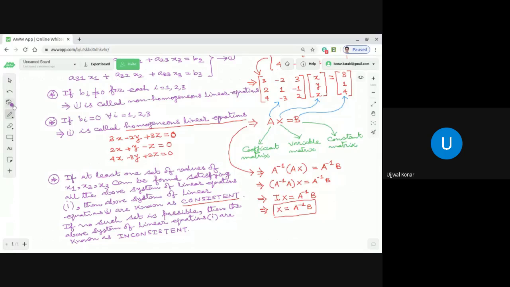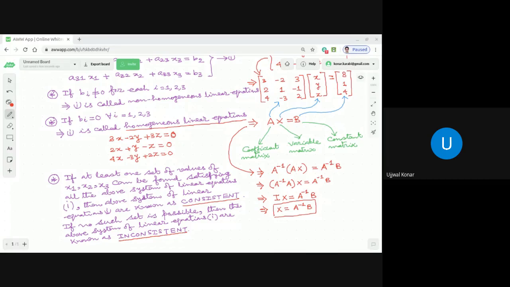So dear students, by this time you understood what is known as a consistent system of linear equations and what is known as an inconsistent set of linear equations, correct? Now, what is our target? Our target is to find the solution to this system of linear equations, correct?